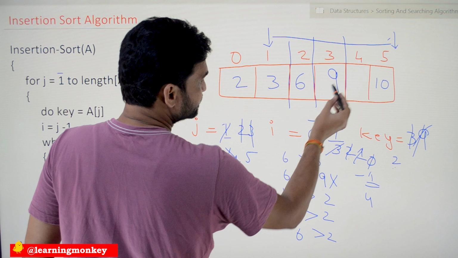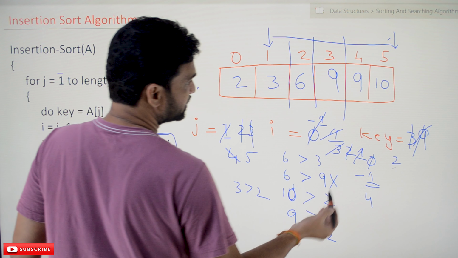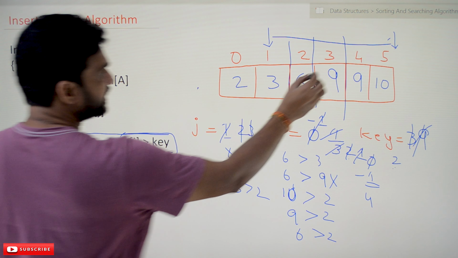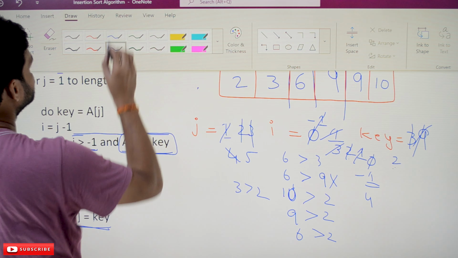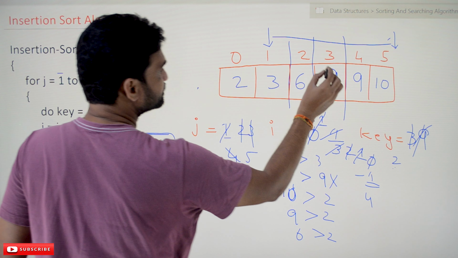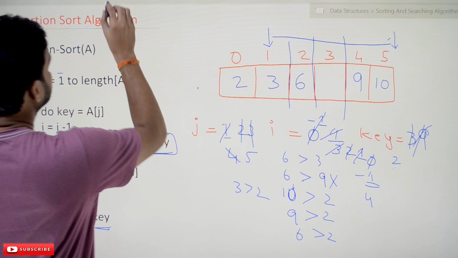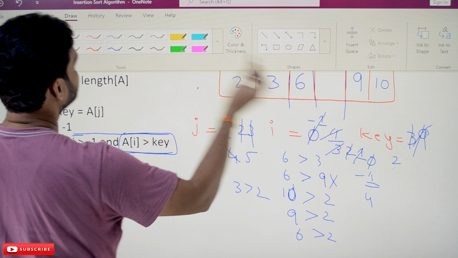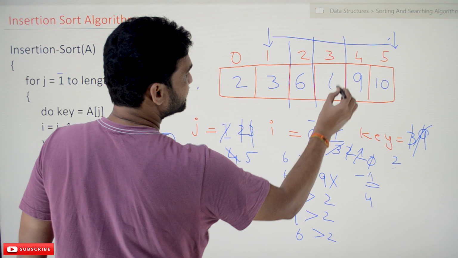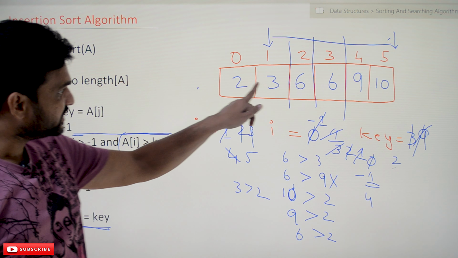Next, this one will get shifted here because 9 is greater than 5. Again, I am moving very fast as you know the steps. And the next one, 6, will be shifted here, and 3 greater than 5.